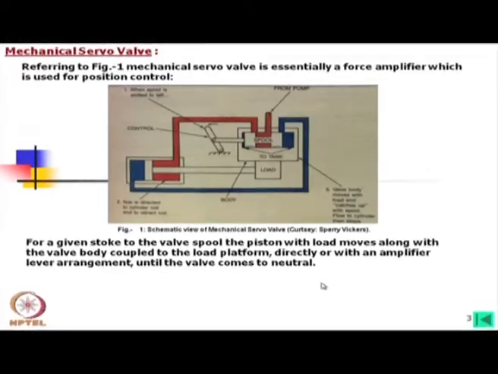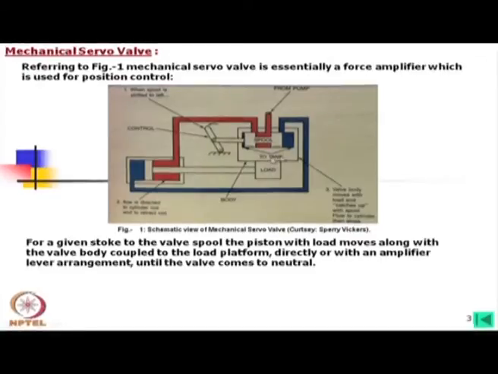For a given stroke of the valve spool, the piston with load moves along with the valve body coupled to the load platform, directly or with an amplifier lever arrangement, until the valve comes to neutral.